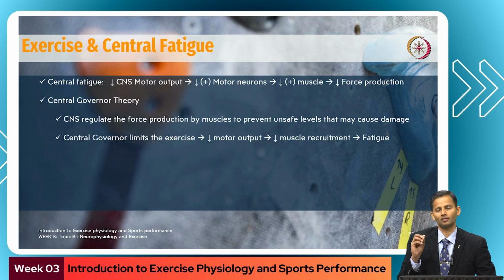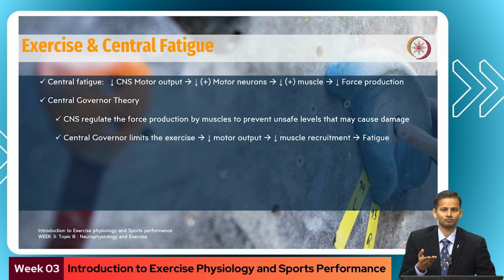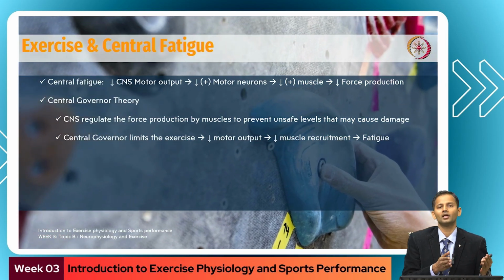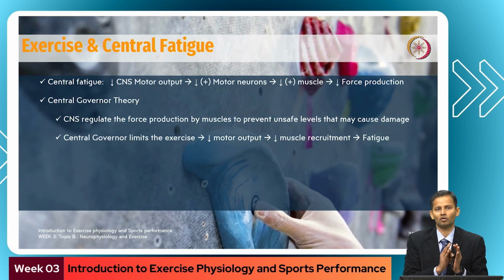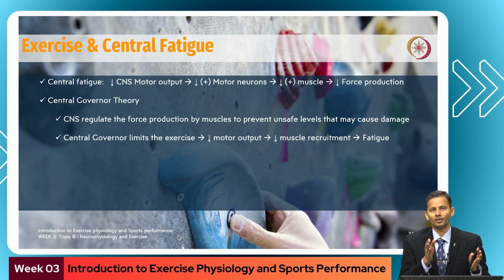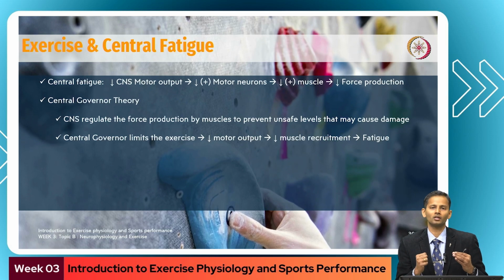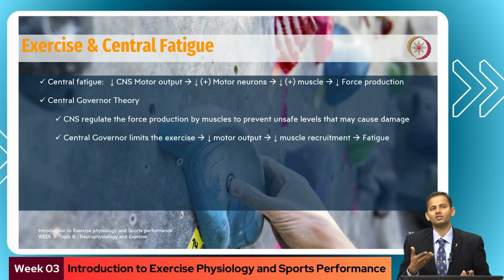It governs the force production of the muscles to prevent any unsafe level, so that it may not cause damage to the exercising muscles. So there is already a preset level or regulation by the CNS, so that the unsafe level is not met. Based on that, it limits the exercise to a certain point when you reach a level of exhaustion. So automatically the central governor reduces the motor output and slows down the motor recruitment, causing fatigue. So this is a protective response which the central governor theory states.